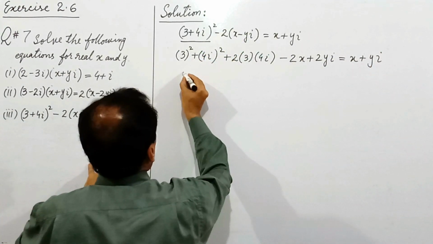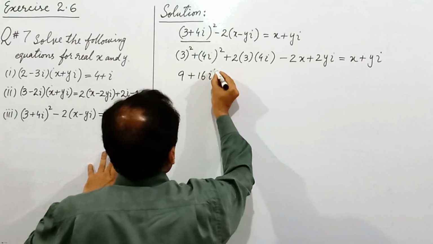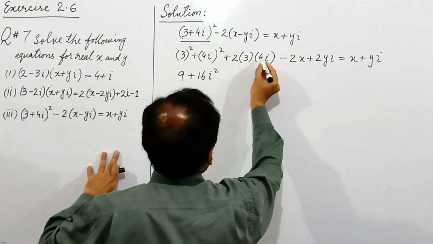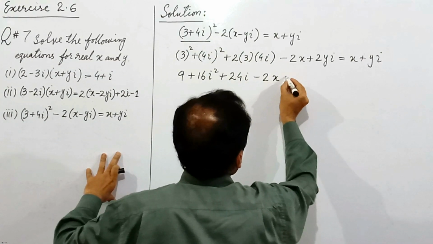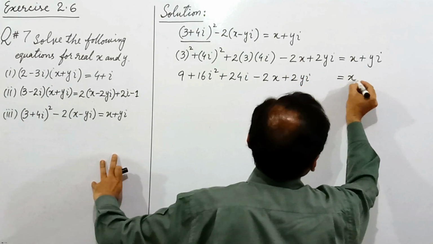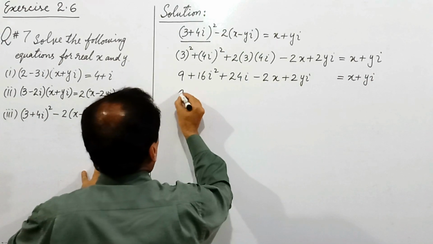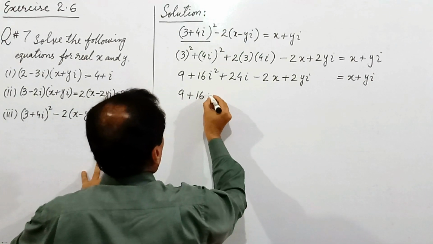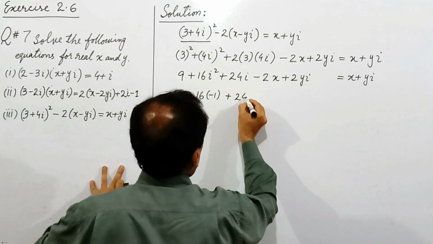3 square is equal to 9 and 4 square is equal to 16 iota square. We have 2 times 3 is 6, 6 times 4 is 24 iota. Minus 2x plus 2y iota is equal to x plus y iota. In the next step, we put the value of iota square, which is minus 1, plus 24 iota.